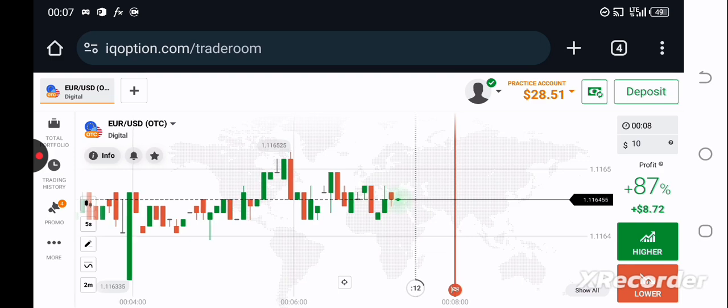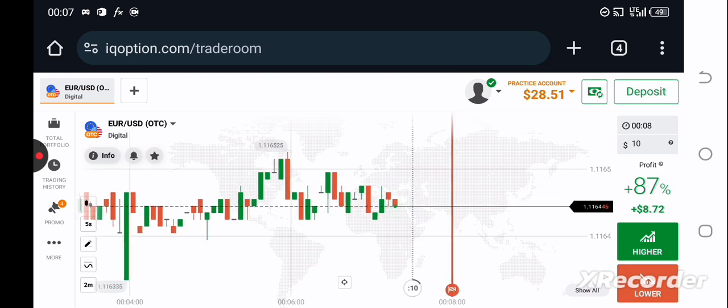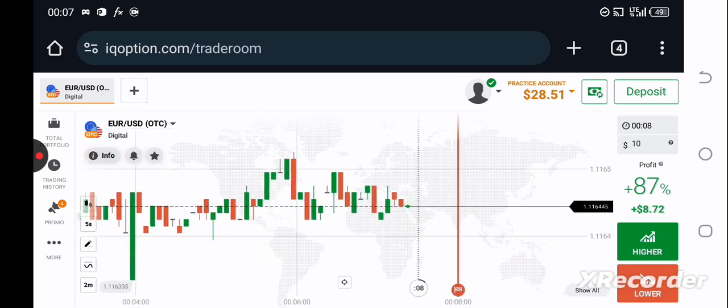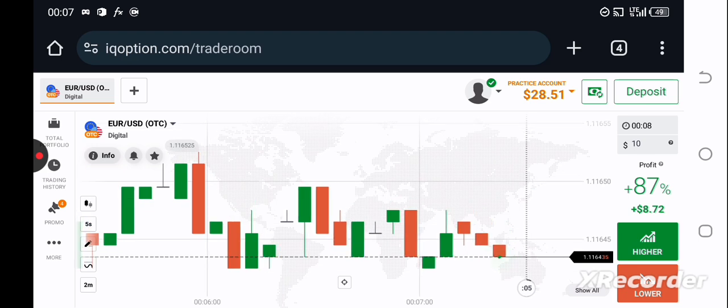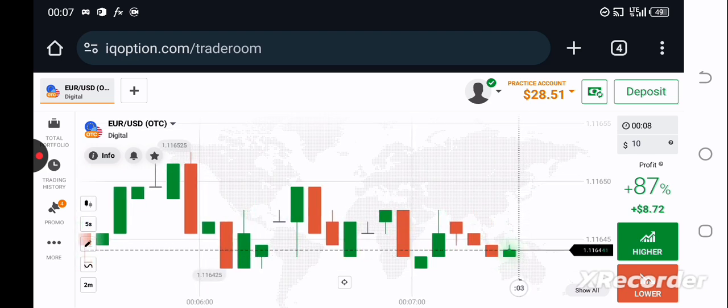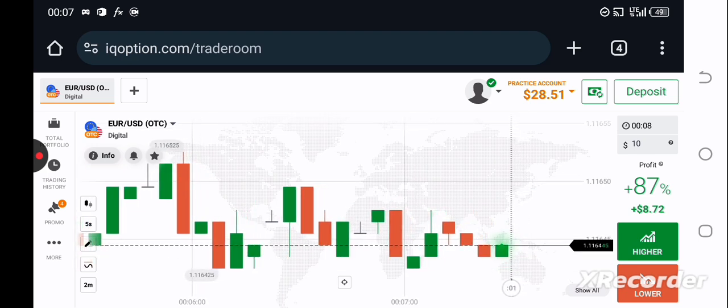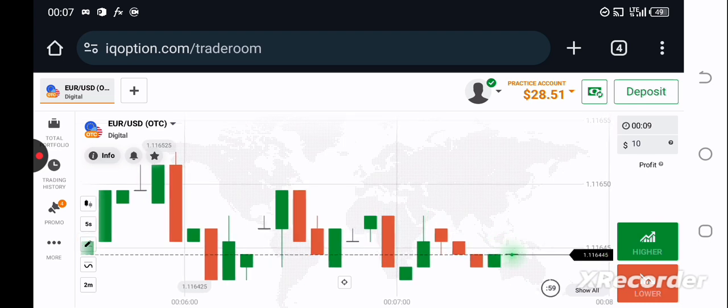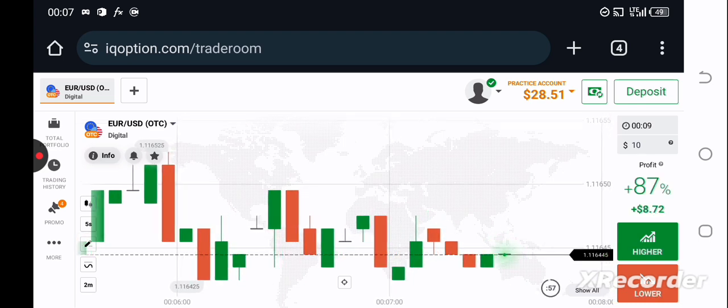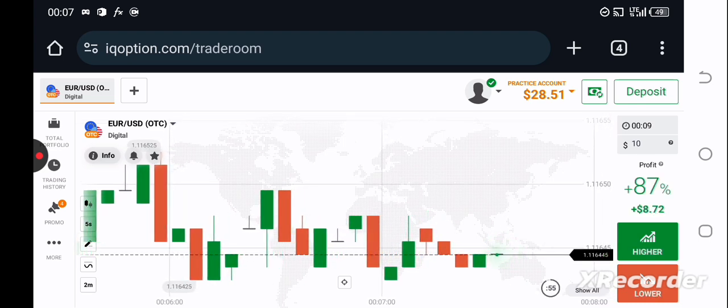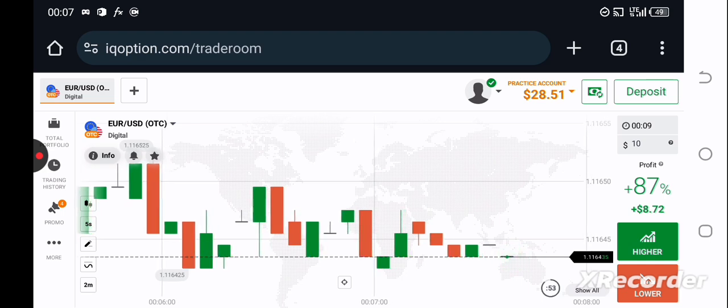Every candlestick here took 5 seconds to form, no matter the size of the candle. You understand? No matter the size of the candle, it formed within a space of 5 seconds, because I'm on a 5 seconds chart.